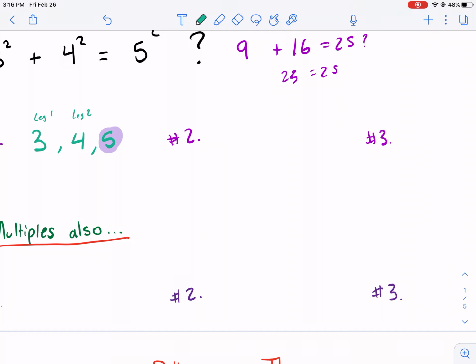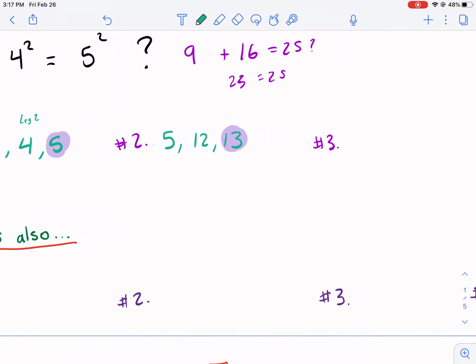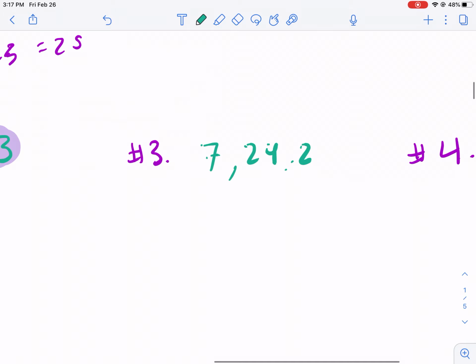Other combinations, we could have 5, 12, 13, where 13 would be the hypotenuse. So a leg of 5, a leg of 12, and the hypotenuse of 13. Another one is 7, 24, 25.